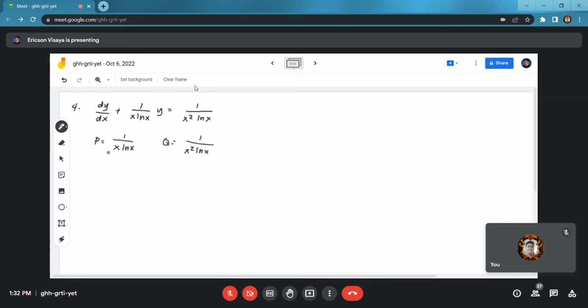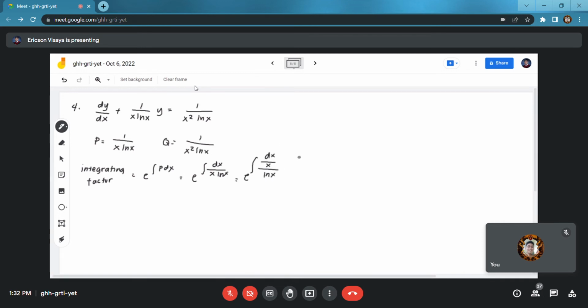Now we have an integrating factor, which is equal to e raised to the integral of p dx. So e raised to the integral of dx all over x ln x. If we observe this, it is in the form of a logarithmic integral, so we can rewrite it as e raised to the integral of dx over x all over ln x.